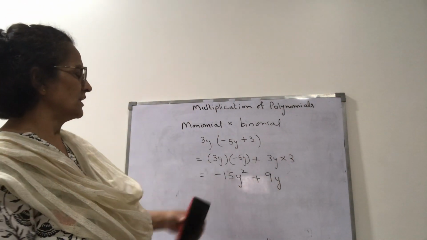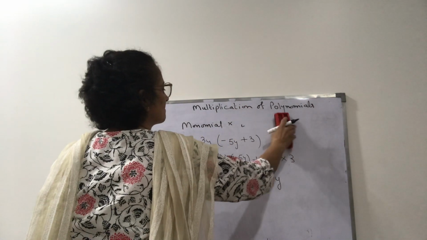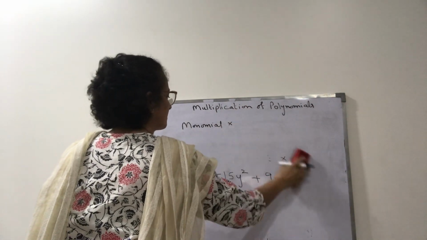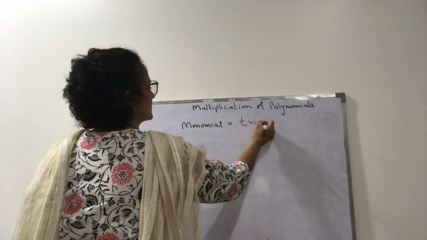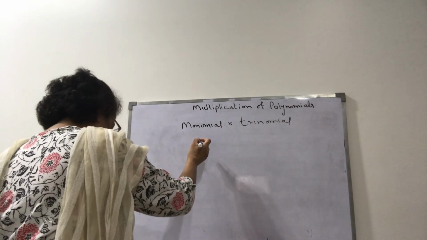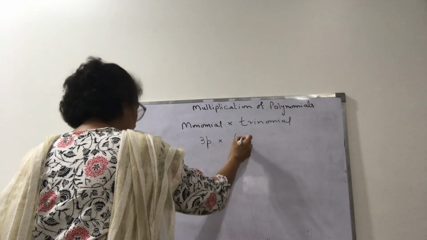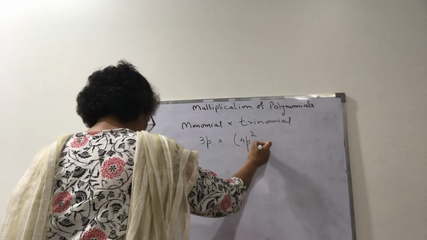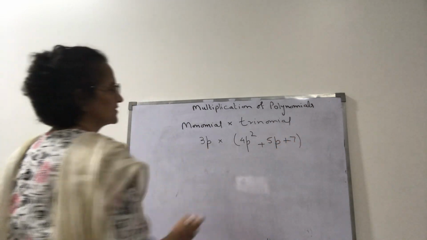Now let's multiply a monomial with a trinomial. 3p multiplied with 4p square plus 5p plus 7.